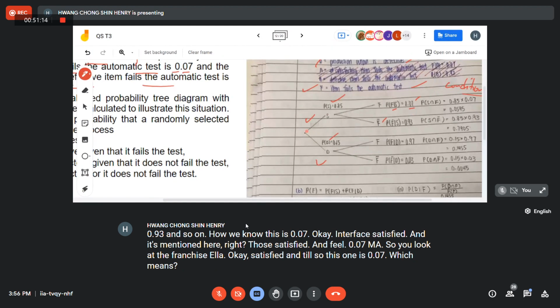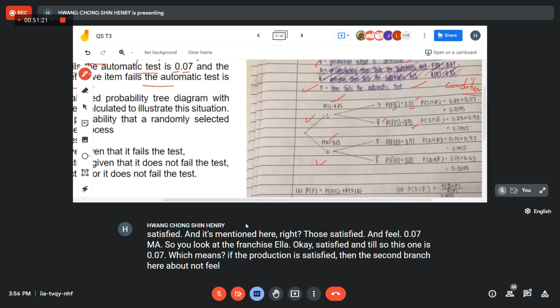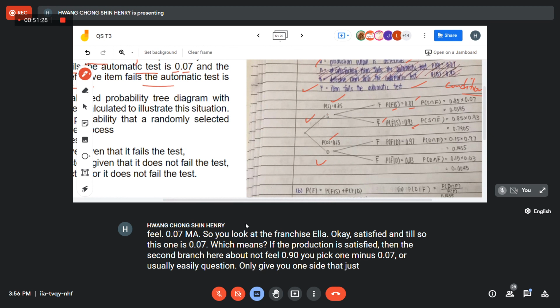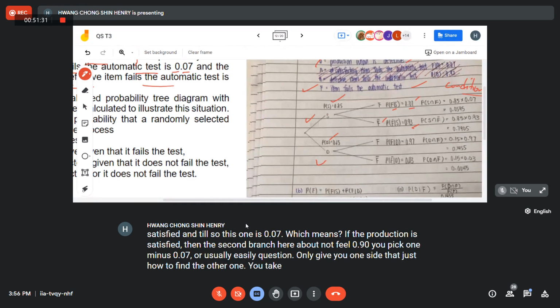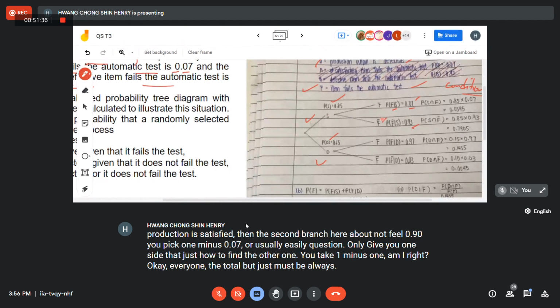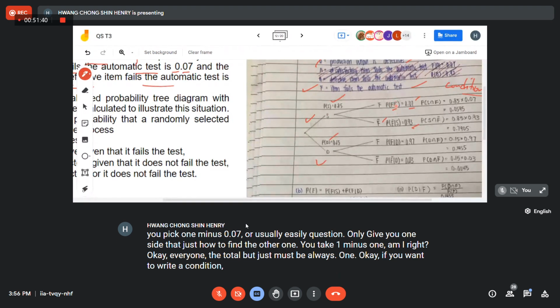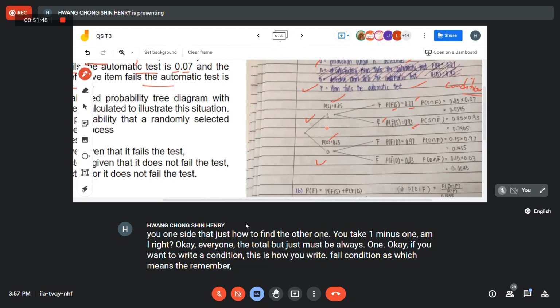Which means if the production is satisfied, then the second branch here, not fail, is 0.93. You take 1 minus 0.07. Usually the question only gives you one side of the branches. How to find the other one? You take 1 minus. Am I right? Okay, everyone. The total of the branches must always be 1. If you want to write the condition, this is how you write. P(F|S), which means remember the condition must happen first, right?